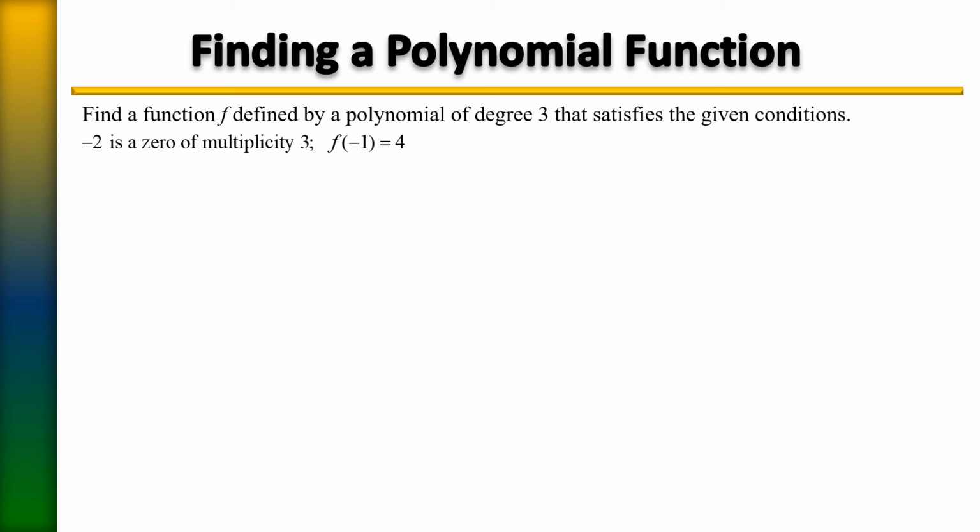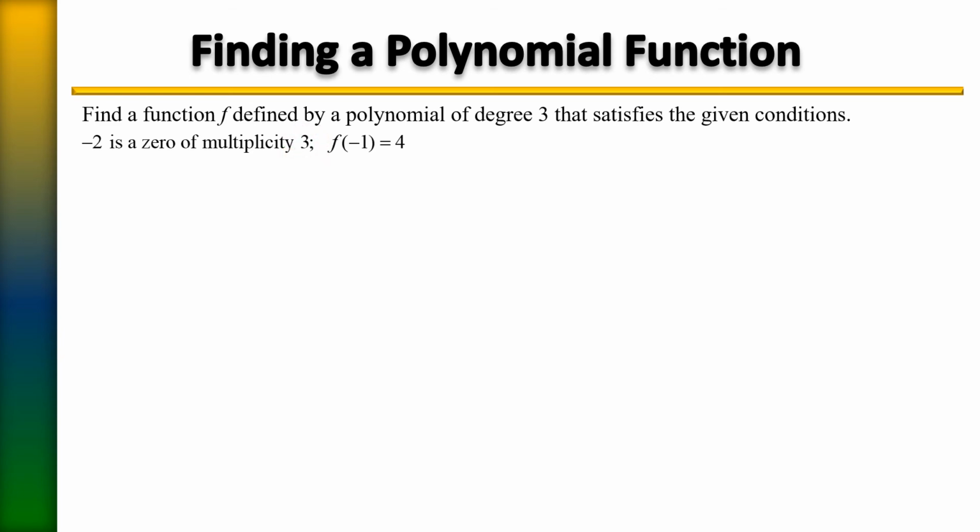So you say, okay, well, how am I going to have 3 of those when I'm only given that -2 is a 0? Well, here's that other important information. They told you that it is a 0 of multiplicity 3. And what that means, multiplicity 3, is that it occurs 3 times.